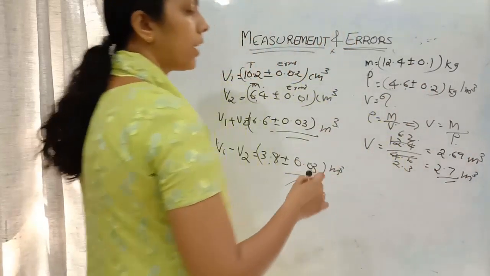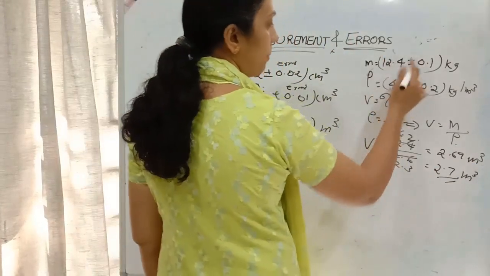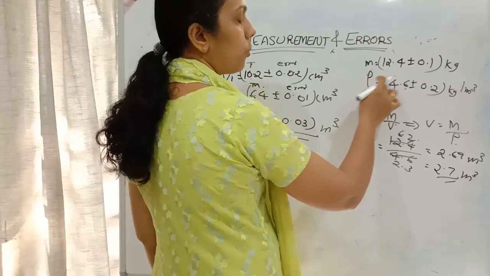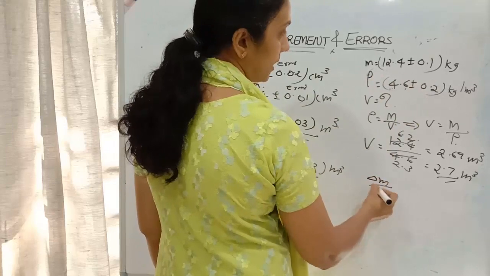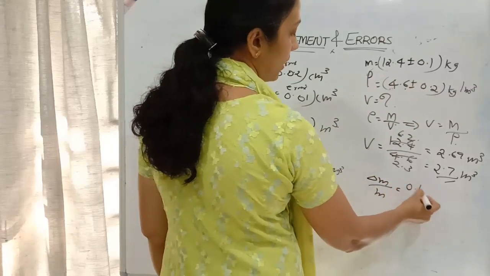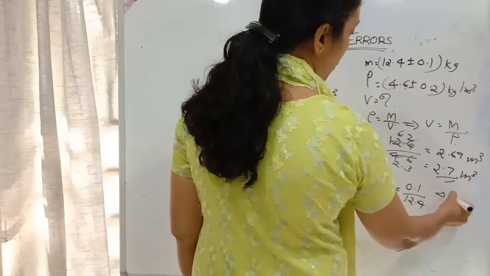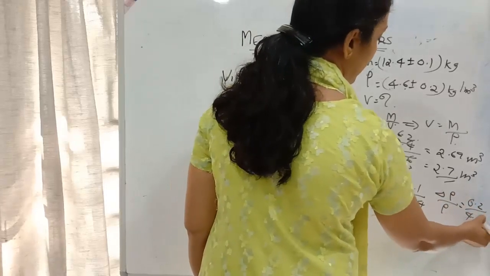Now how can we find out the errors? Delta V by V equals delta M by M plus delta rho by rho. Therefore, delta M by M will be equal to 0.1 divided by 12.4, and delta rho by rho will be equal to 0.2 divided by 4.6.